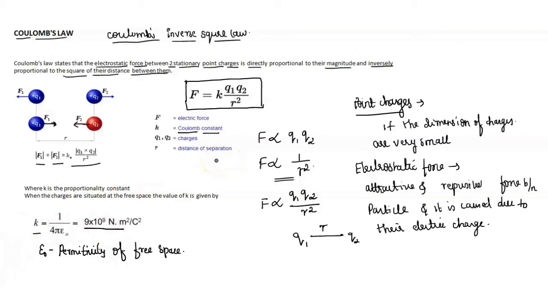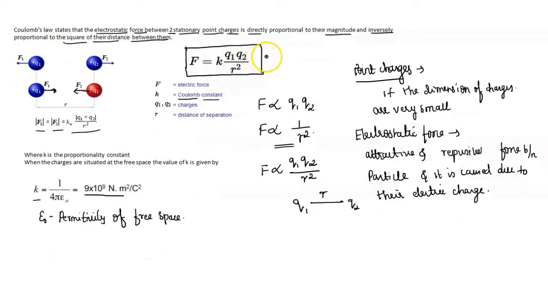This is the value of k only when the charges are situated in free space, when we substitute the permittivity of free space. So this is the equation to calculate the electrostatic force between two stationary point charges.